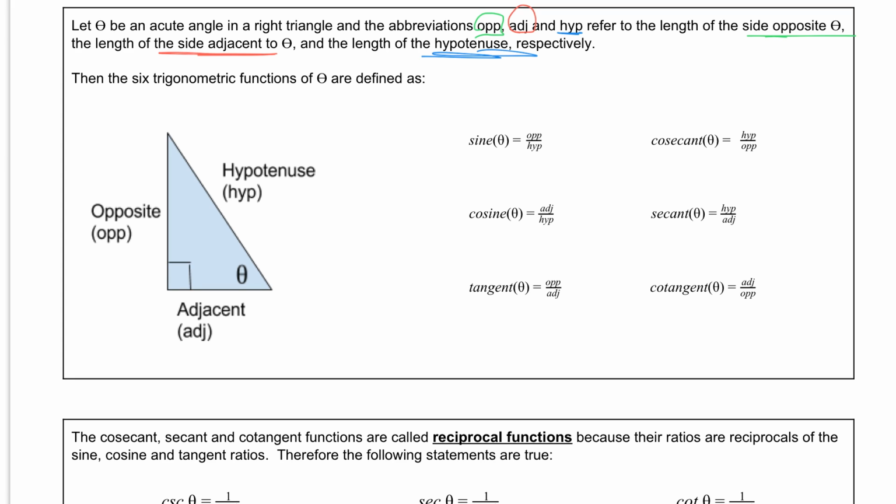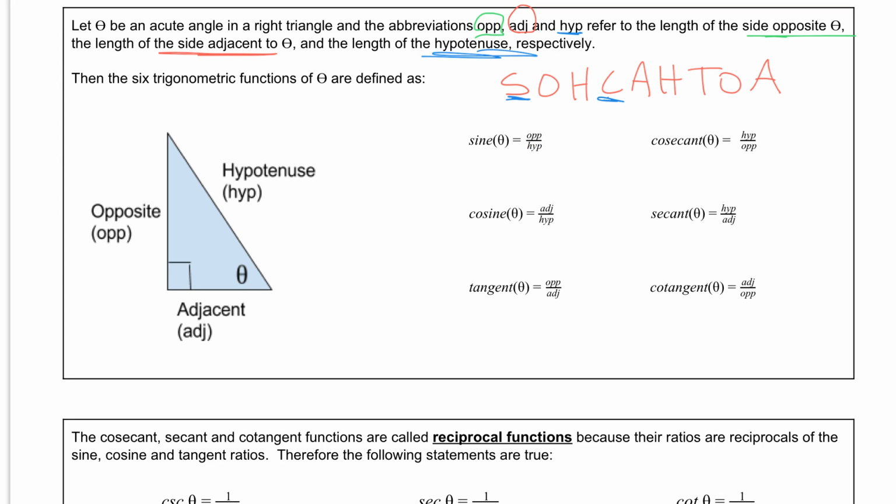Our trig functions can be found the following way, using what we call SOHCAHTOA. SOHCAHTOA means that we are going to let S stand for the sine of our function, and the sine is going to be the opposite over the hypotenuse. So we use O for opposite, H for hypotenuse.